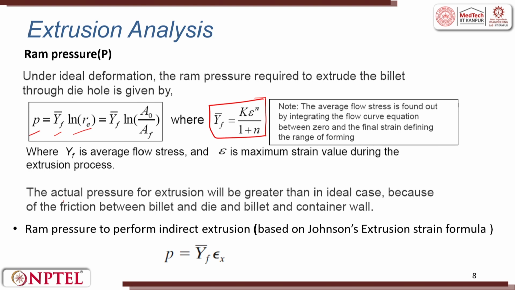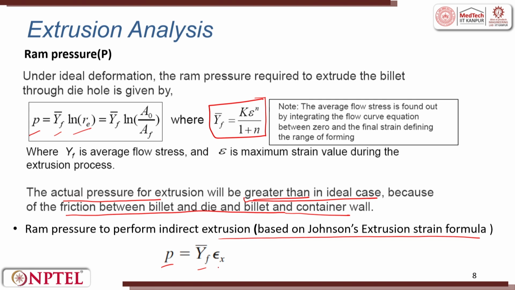The actual pressure of extrusion will be greater than in the ideal case. Why is this greater? Because there is always friction between the billet, die and the container wall. This was discussed already. Ram pressure to perform indirect extrusion based on Johnson extrusion strain formula is given by P is equal to YF bar into epsilon x, that is the average flow stress times the strain.